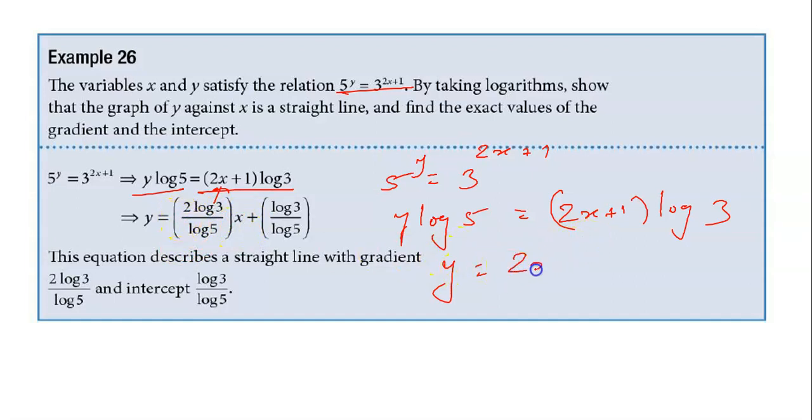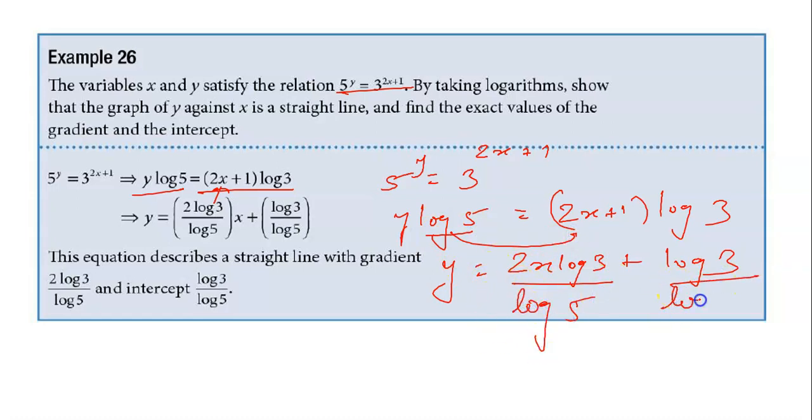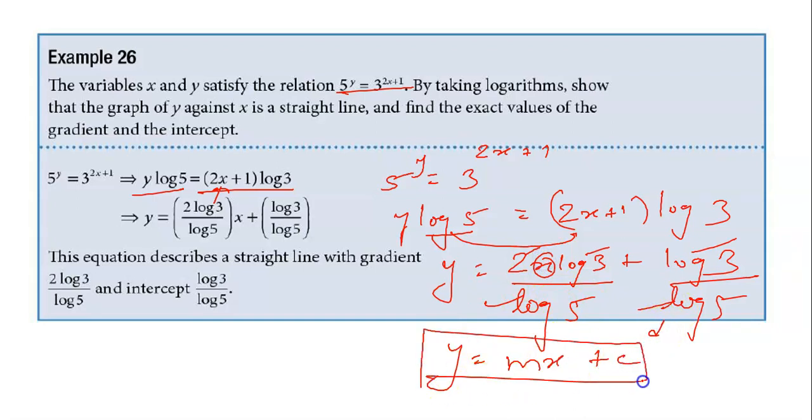This can be written as 2x log of 3 plus log of 3. When you send this log 5 to the denominator, you will have log of 5 over here and log of 5 over here. Solve these things: 2 into log 3 upon log 5, log 3 upon log 5 separately. So you will have y equals m, and this will be x plus this will be your intercept.